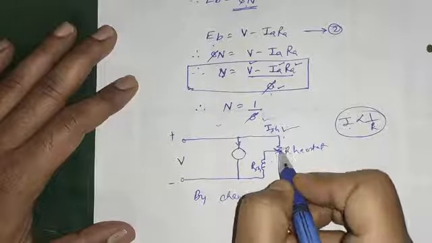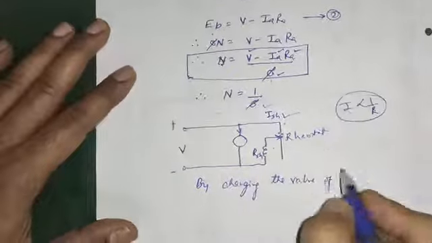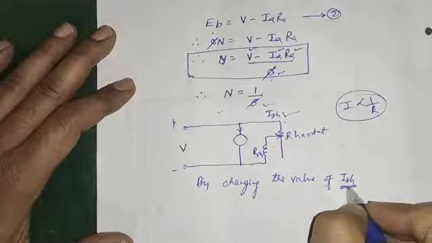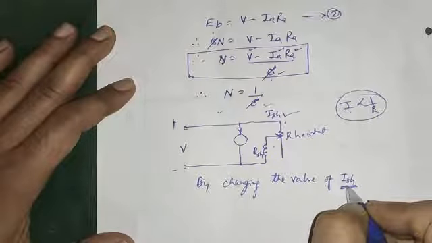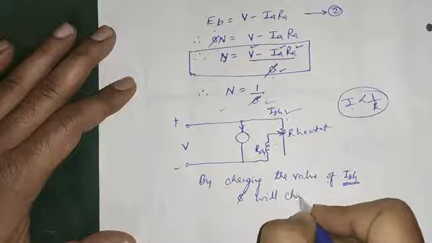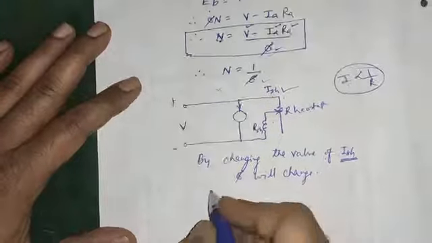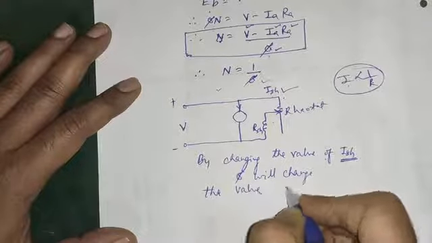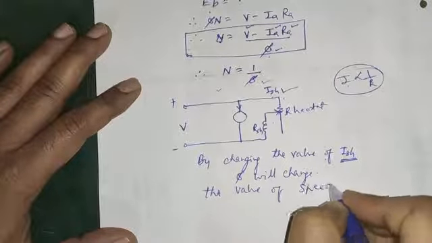When we increase the value of resistance, your current will decrease. That's why we can change the value of this current. When the value of this current changes, your flux will also change, and that is how we can change the value of speed.